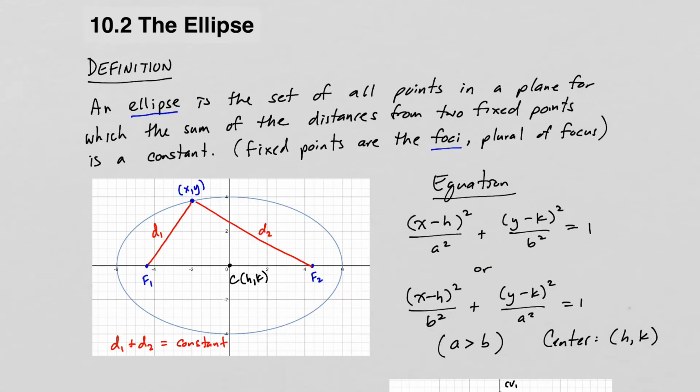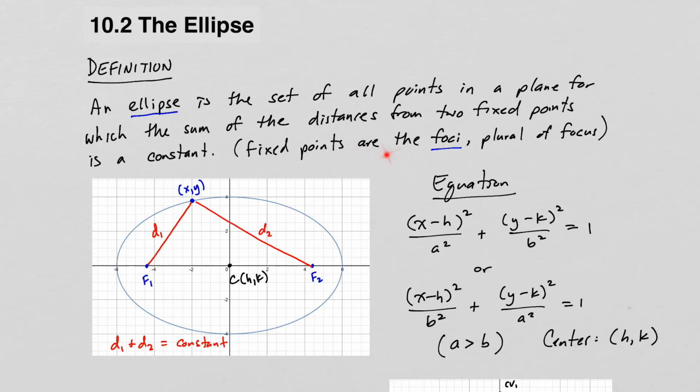The next section is 10.2. In this section, we introduce the concept of what is known as an ellipse. An ellipse, in short, is this oval-shaped graph that you see here. An ellipse has a definition. Its definition is that it is the set of all points in a plane for which the sum of the distances from two fixed points is a constant.